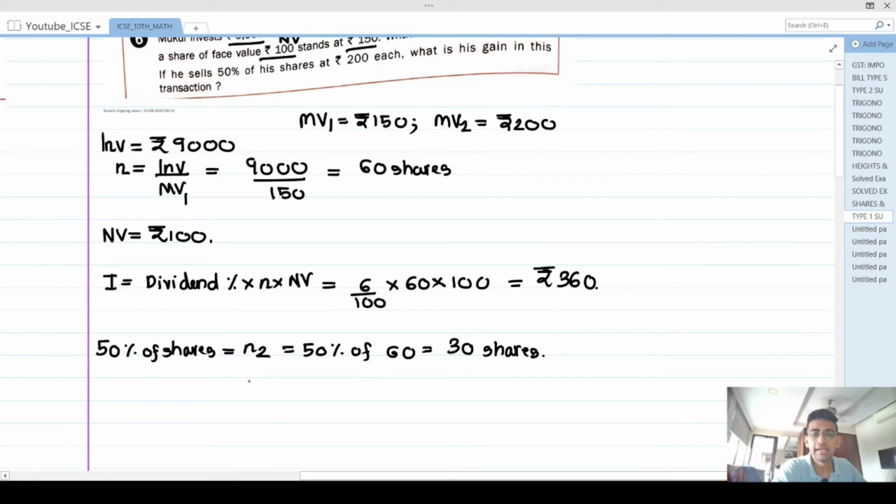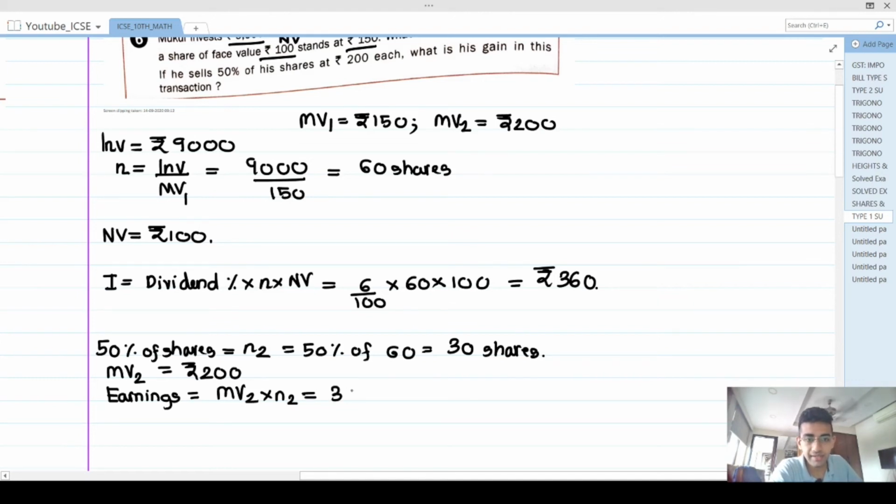Now, the selling price, or the MV2 which he sells it at, is rupees 200. So what he earns from this, or his earnings, is equal to MV2 into N2. So that is 30 into 200. That's rupees 6,000. What is his gain in this transaction?